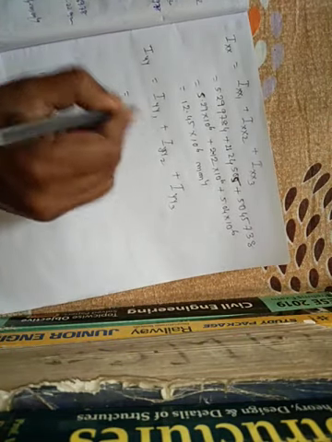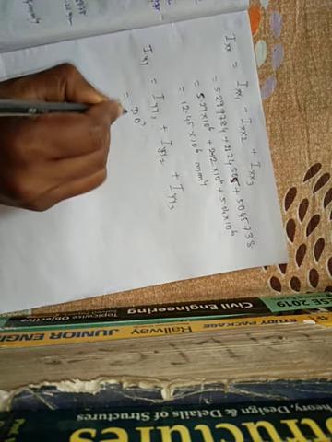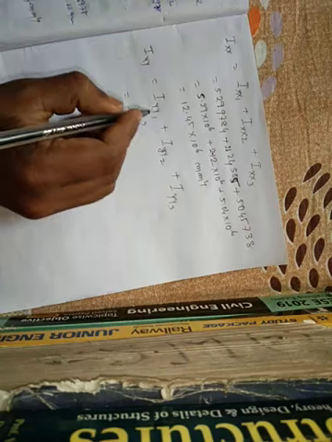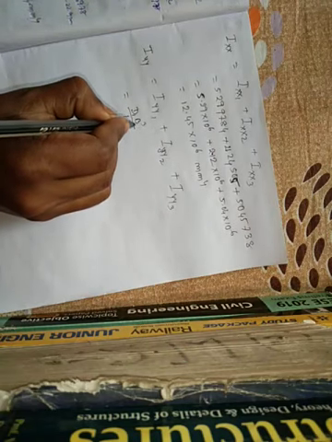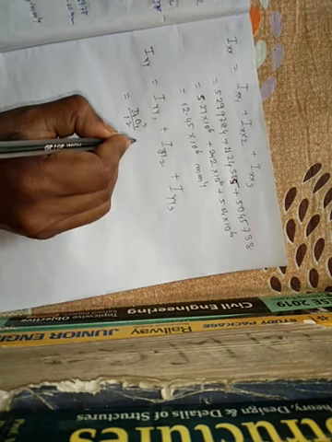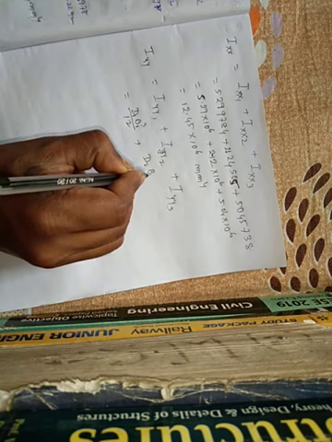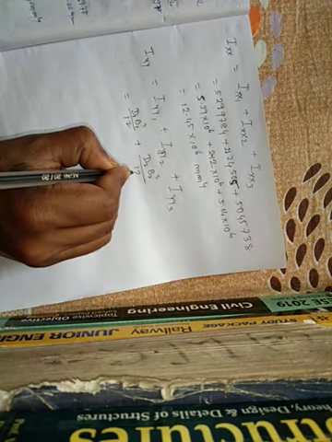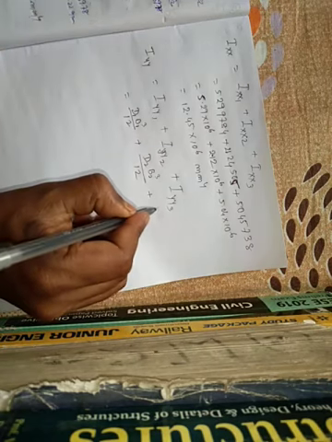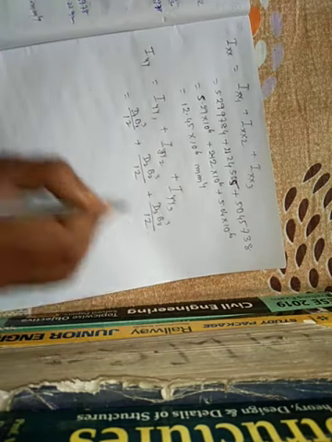So about the y-axis, it equals d b cube divided by 12: for section 1, d1 and b1; for section 2, d2 into b2 cube divided by 12; and for section 3, d3 into b3 cube divided by 12.